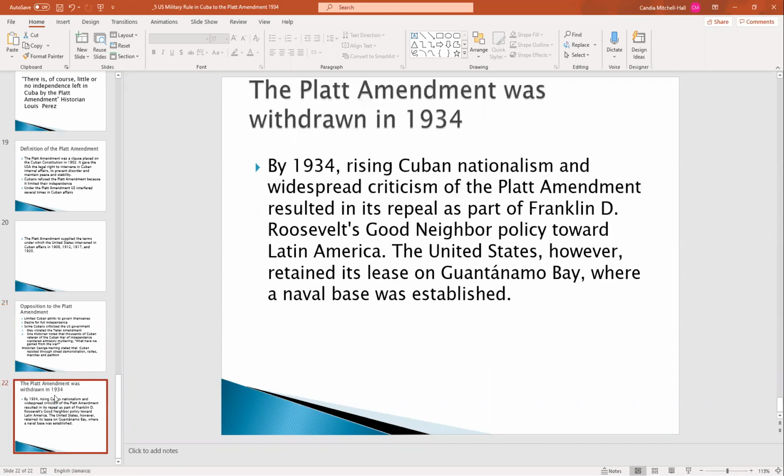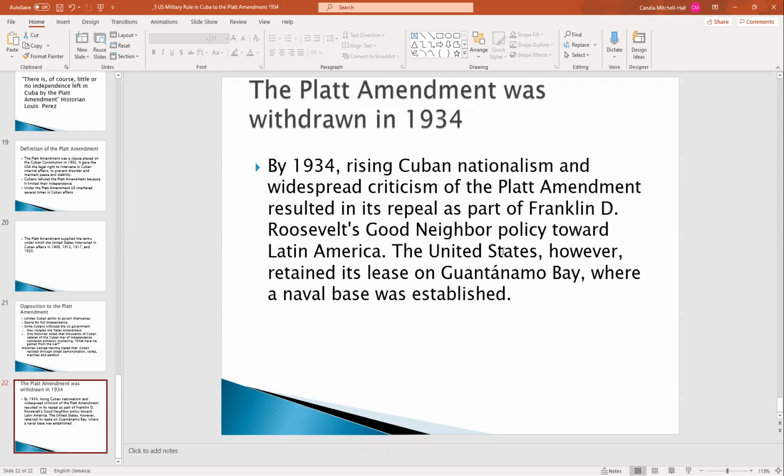And so in 1934, after there were widespread protests in Cuba, the United States said, listen, we are going to repeal, we are going to abolish, we are going to remove the Platt Amendment from your Constitution. You can do whatever you want to do, but guess what? You see this place that is called Guantanamo Bay?